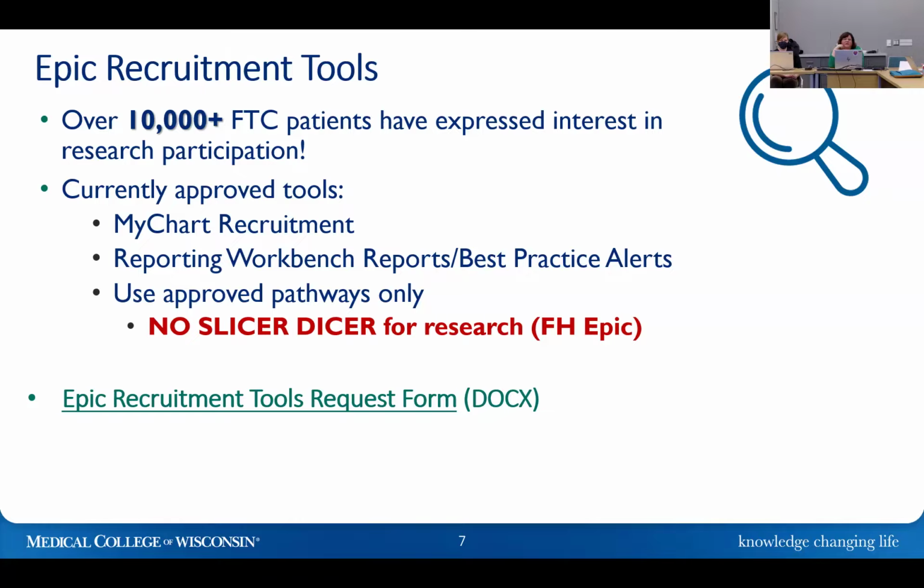Once it has IRB approval, that report is sent to the MyDA team and they build that report specific to your study. And anyone who's on the IRB has the ability to run those reports in Epic. And you can use those in tandem to, again, help identify who may be interested in your study and then send an invitation via MyChart.